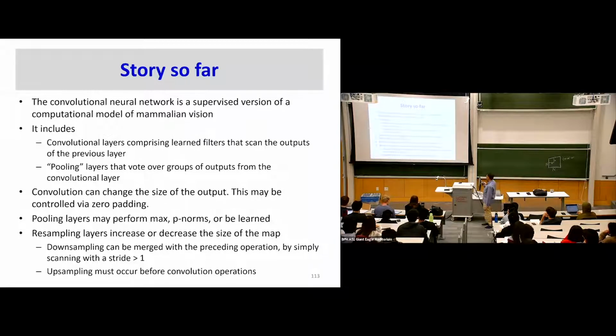Pooling may perform max, p-norms, means, or be learned. Resampling layers increase or decrease the size of the map in a proportional manner. Downsampling can be merged with the preceding convolution or pooling operation by simply performing the scan with a stride greater than 1. Upsampling must occur before convolution operations, right?